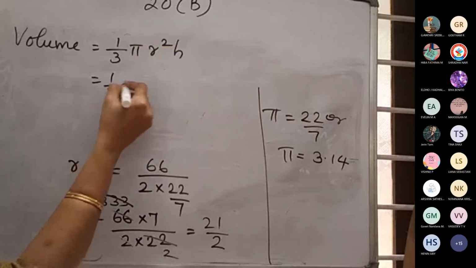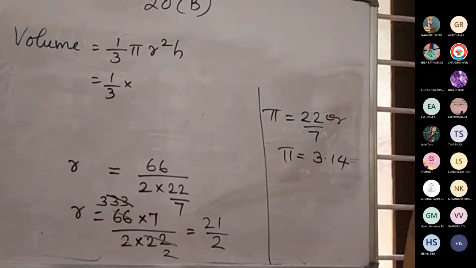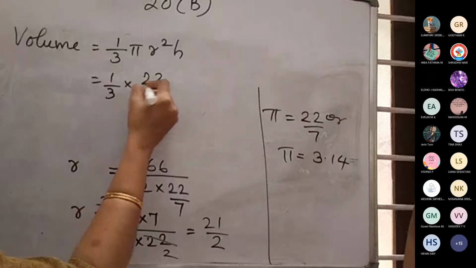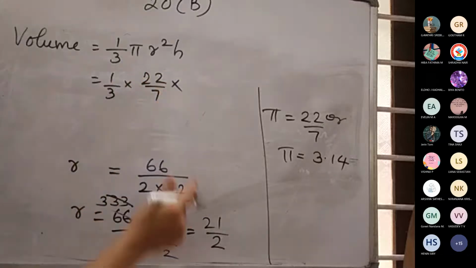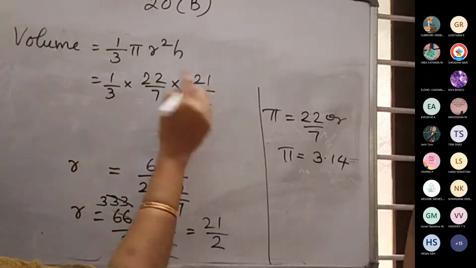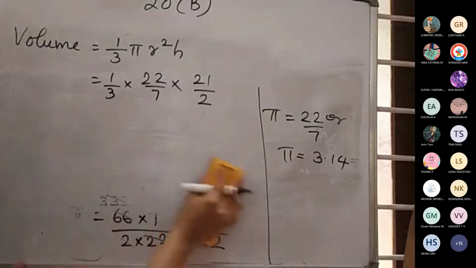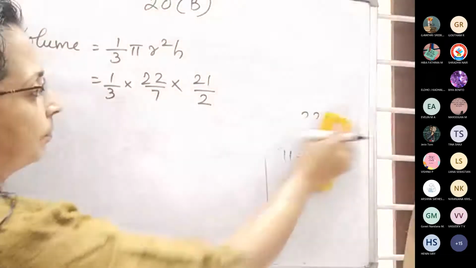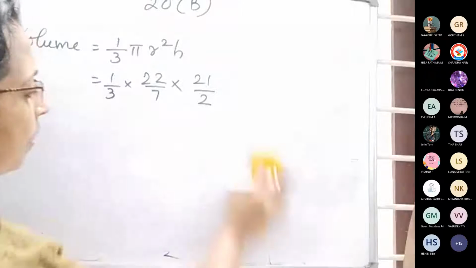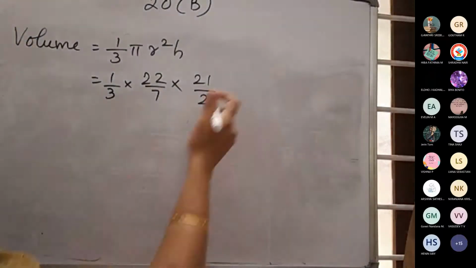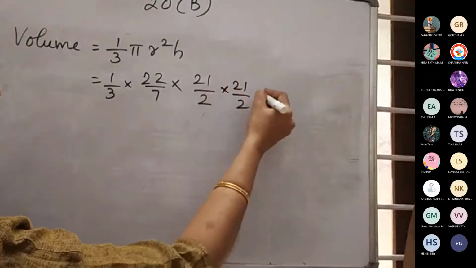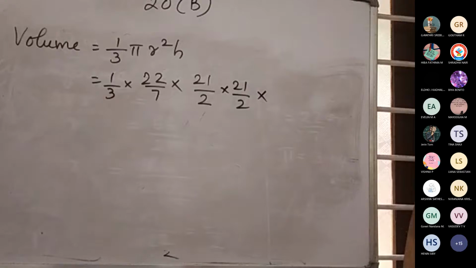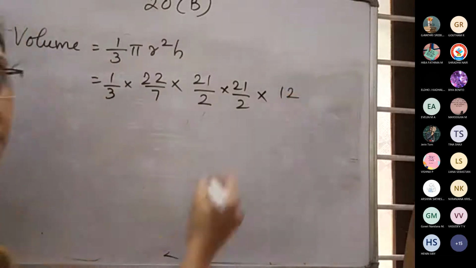Substitute the values: 1 by 3 into pi value 22 by 7 into r, 21 by 2 the whole square. So 21 by 2 into 21 by 2 into h, given as 12.